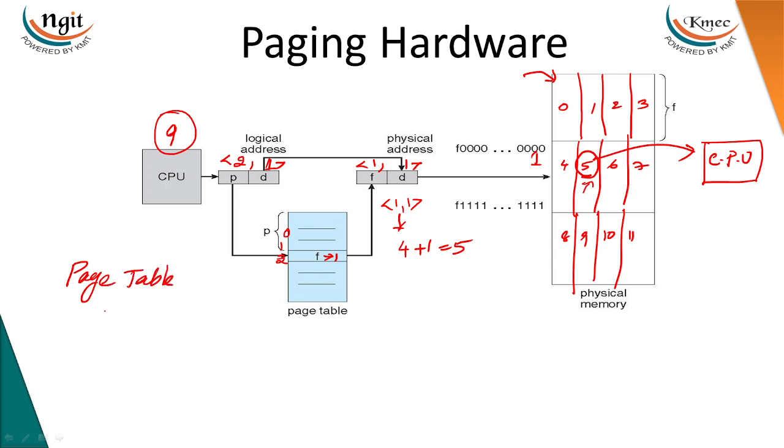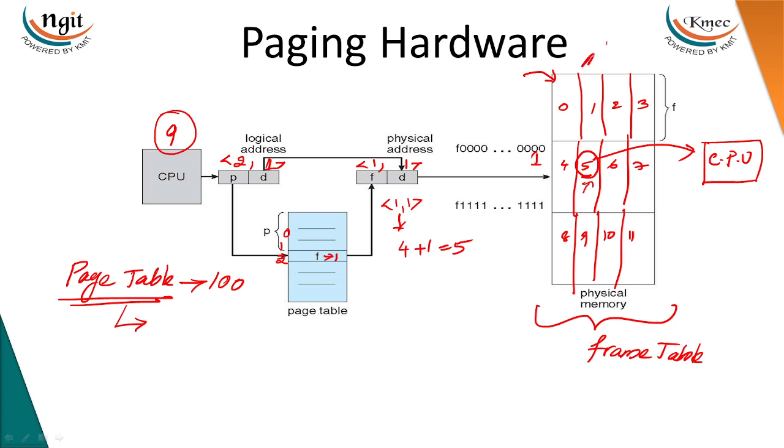If there are 100 processes in the system, then 100 page tables are created. But for the physical memory, there is one frame table. If you have two RAMs, there may be two. So there is one frame table for the physical main memory, but every process will have its own page table.